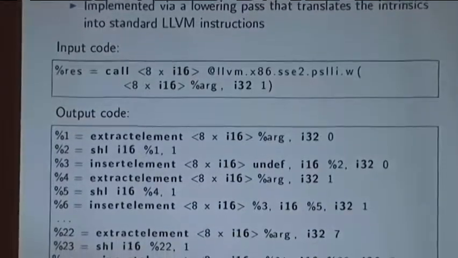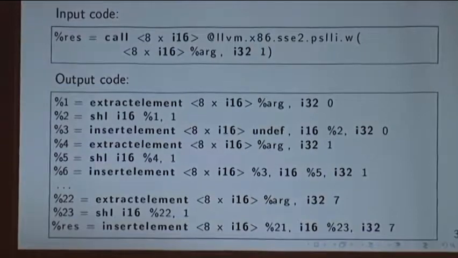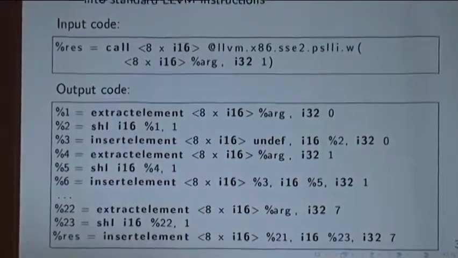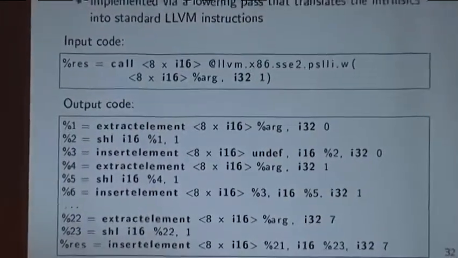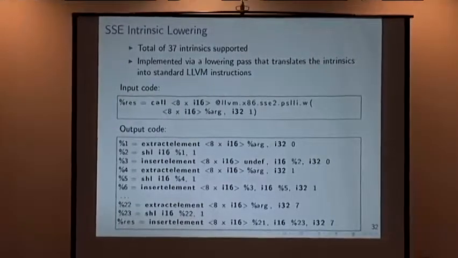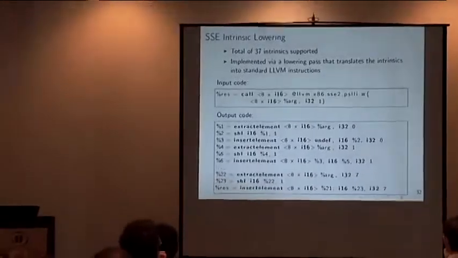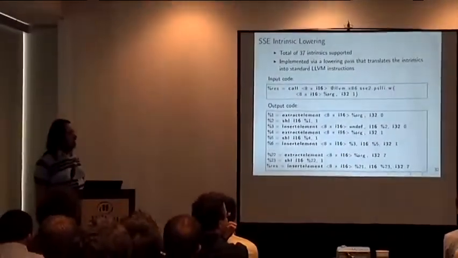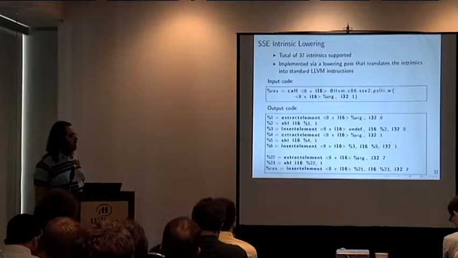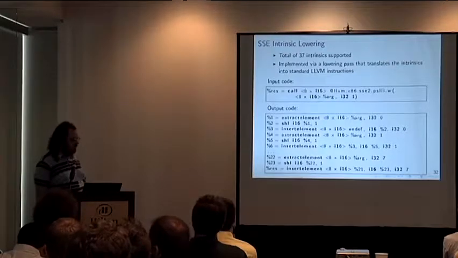For example, PSLLI is an instruction that takes a vector and a shift operand, and the shift is used to shift every element of the input vector. And as you can see, we just have straightforward extract element, shift left, and insert element instructions to build the output vector res.